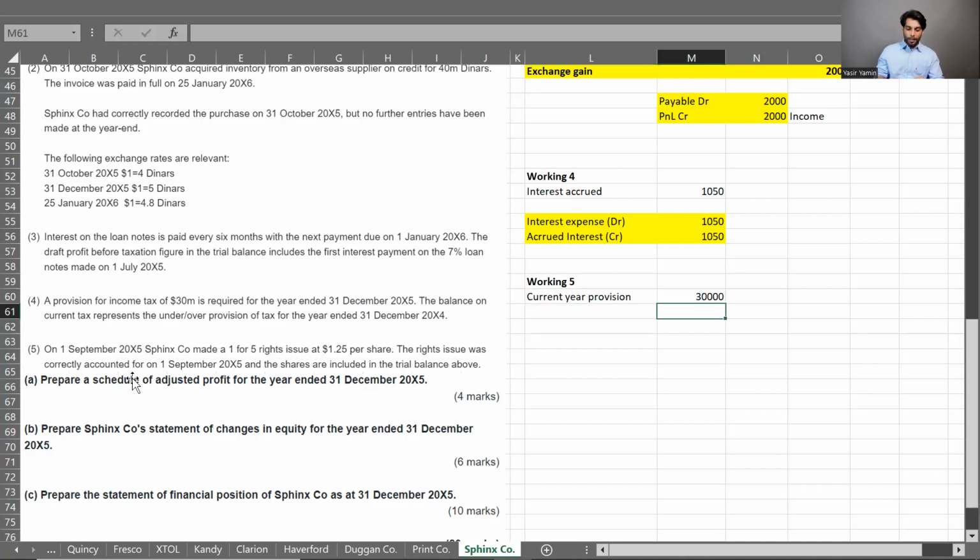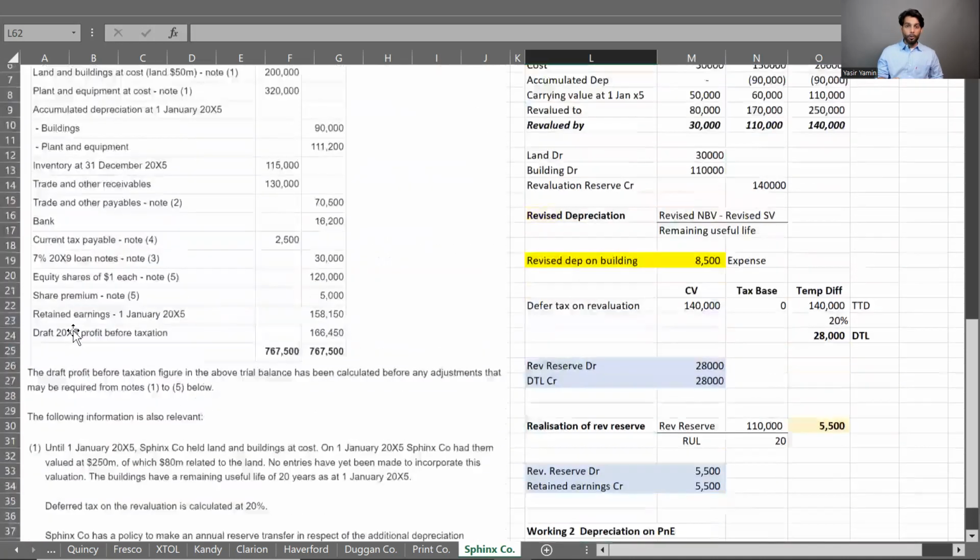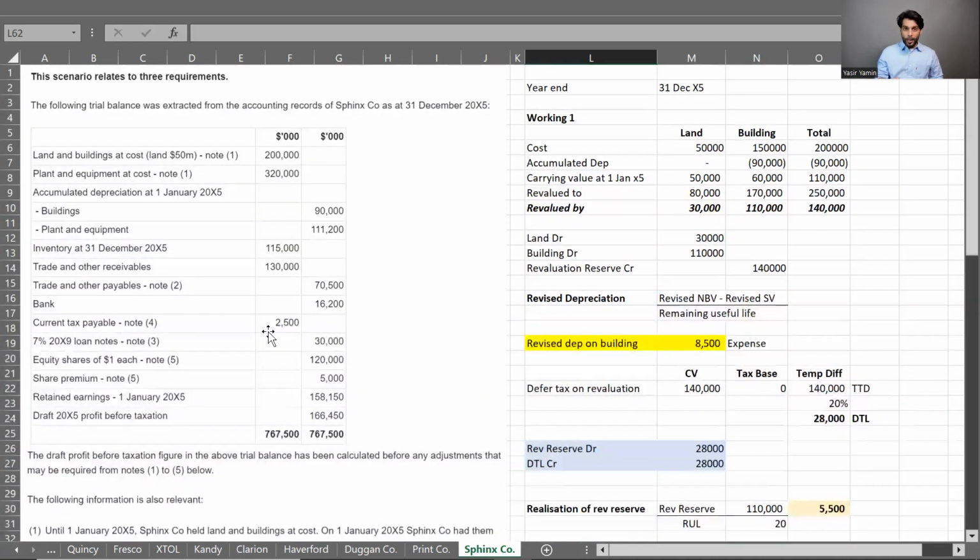Then the examiner says the balance on the current tax represents the under or over provision of tax for the year ending 31st December X4. We have an under provision in our trial balance and we already knew about it. If you go above, your trial balance has this current tax payable of 2,500, and this 2,500 is basically your under provision.